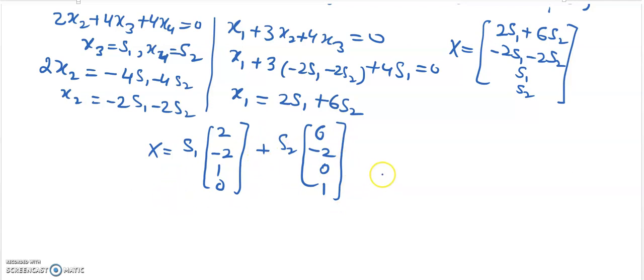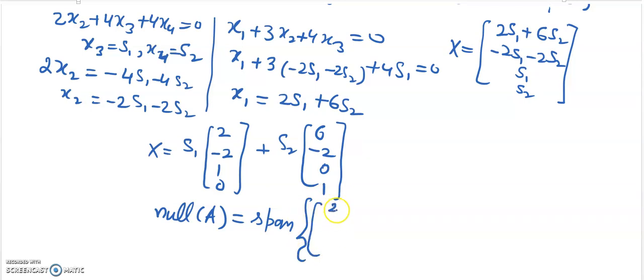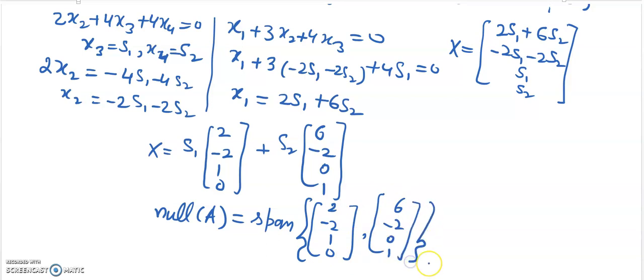So finally the null space of A is equal to span of the set of vectors (2, minus 2, 1, 0), (6, minus 2, 0, 1), and then the set closes.